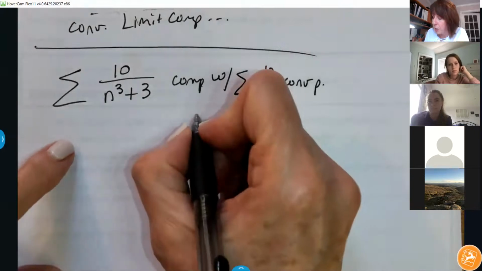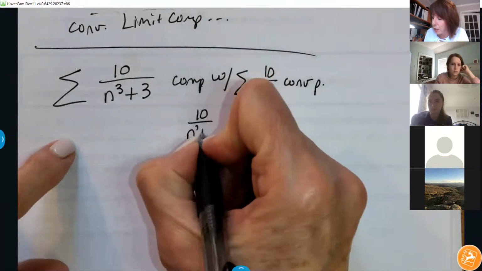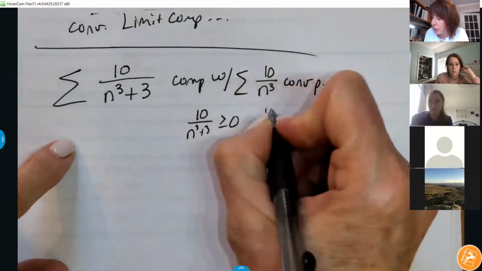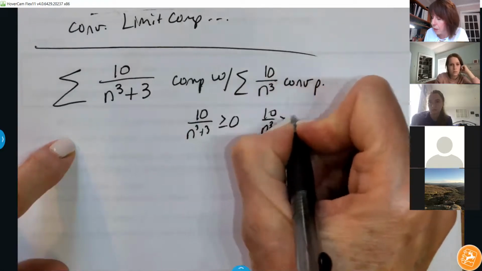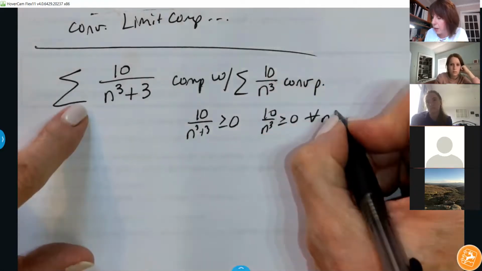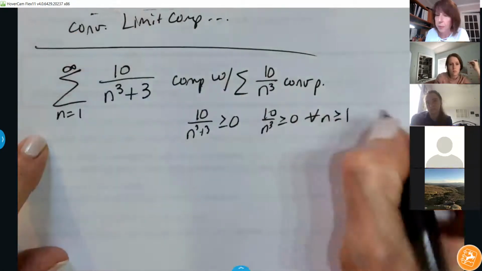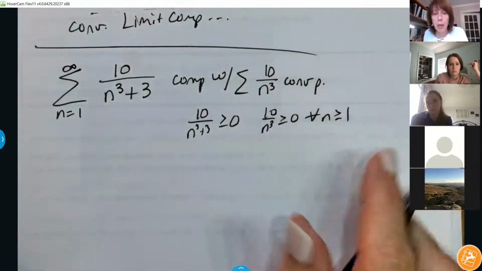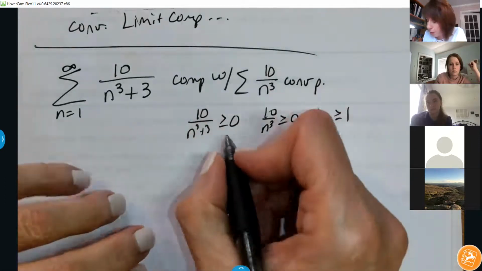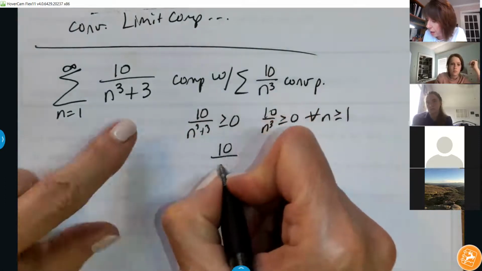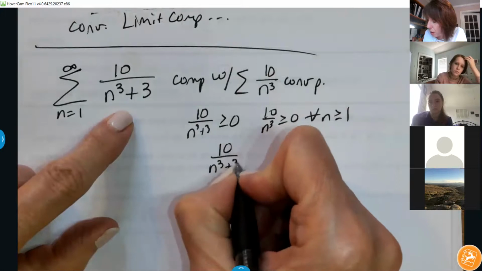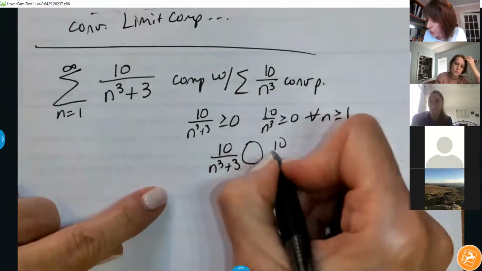And then I would say that both of these series are greater than or equal to 0 for n greater than or equal to whatever this is. Let me give this a number, 1.